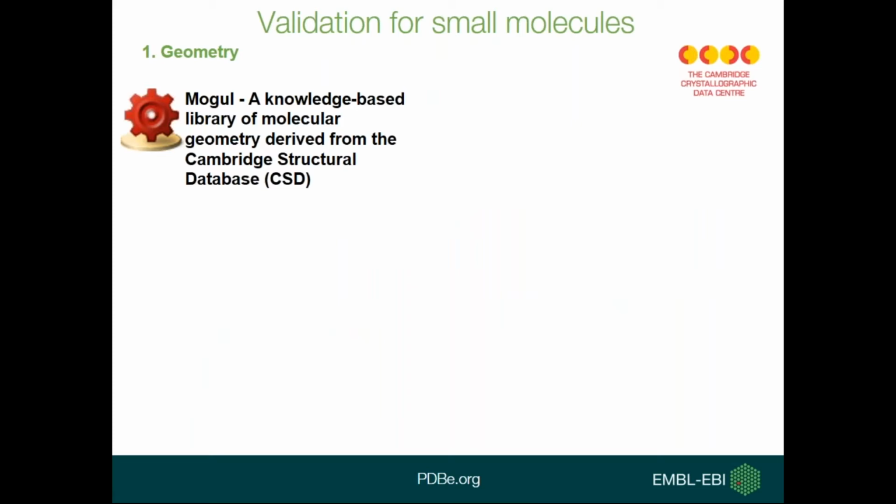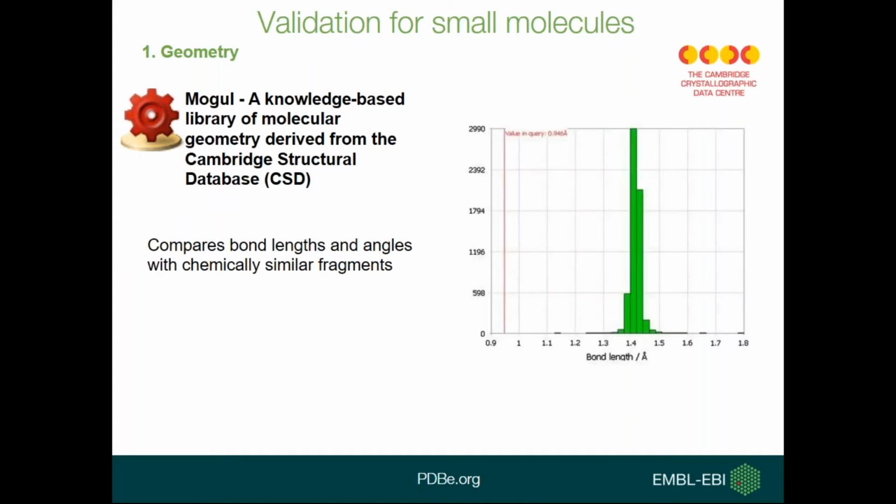Fortunately, we can use Mogul from the Cambridge Crystallographic Data Centre, and we use Mogul to compare bond lengths and angles with chemically similar fragments. So their database contains thousands and thousands of chemicals, and we can look at the molecules and say, this structure is unique to the PDB, but it's similar to other stuff in the CCDC.